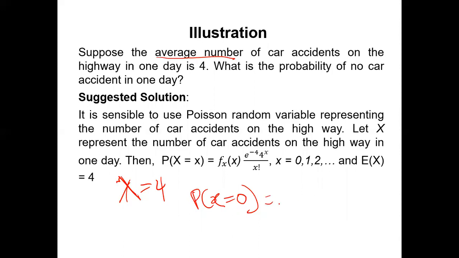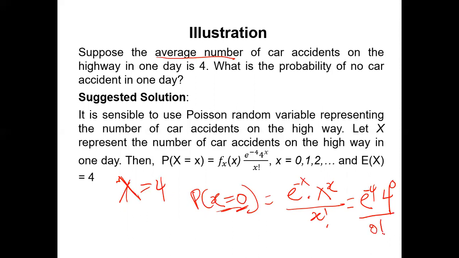So from our formula, we have e raised to the power minus lambda, multiplying lambda raised to the power x, all divided by x factorial. Here we have e raised to the power minus 4, since the lambda is 4. Then 4 raised to the power x, where x here is 0, all over 0 factorial.